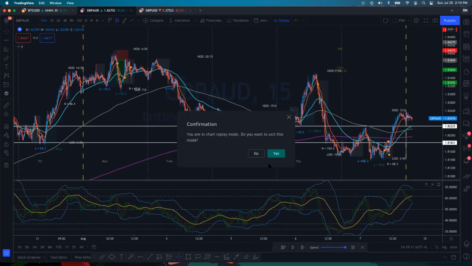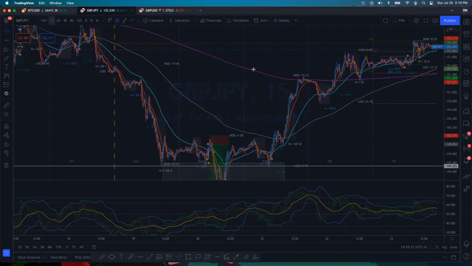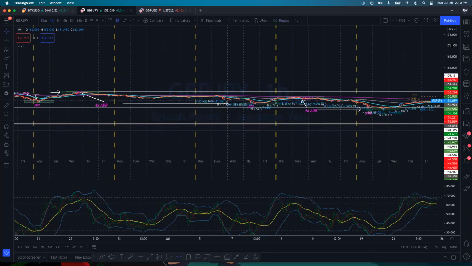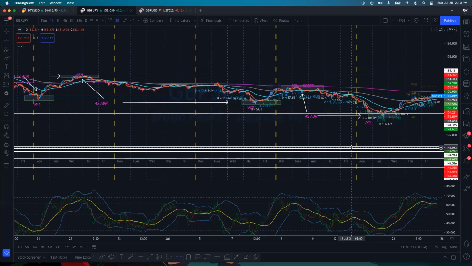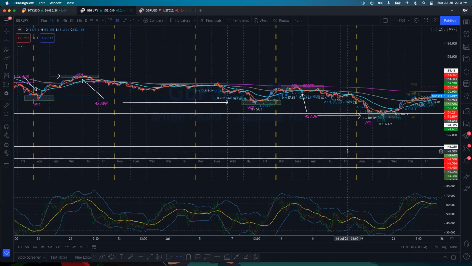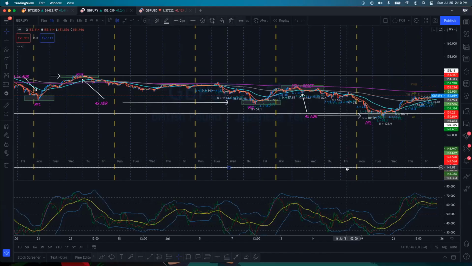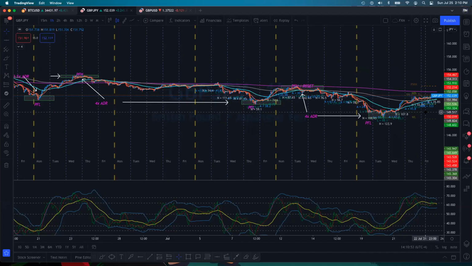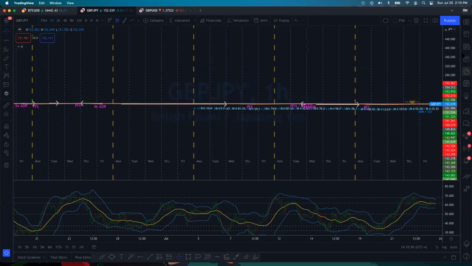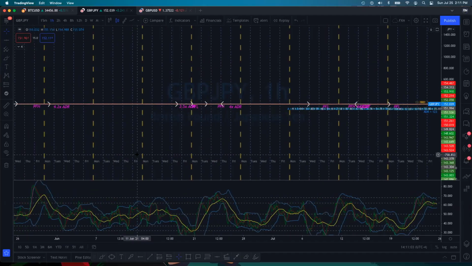All right, stop this. Let me get rid of all these lines. All right, so we have GJ.